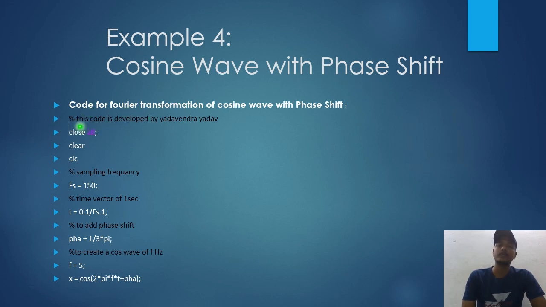Now example 4 is the cosine wave with a phase shift. We again take the same frequency and the same time vector, and here we make a change and add a phase shift. The phase shift is pi by 3, and in the cos function we simply add the phase shift.